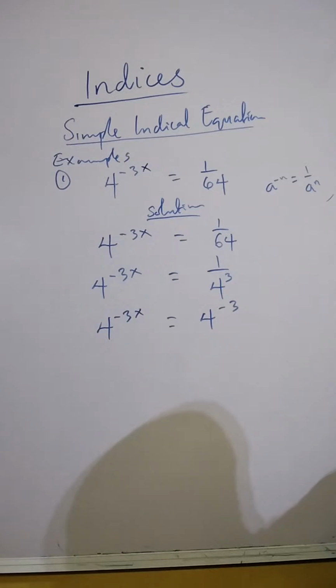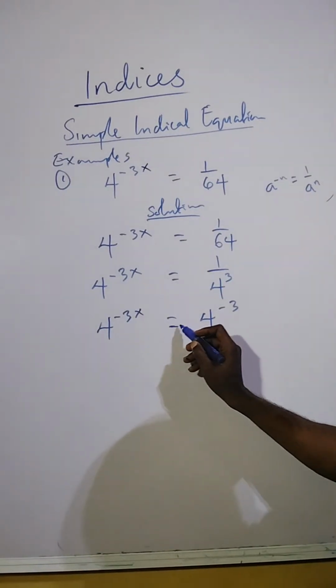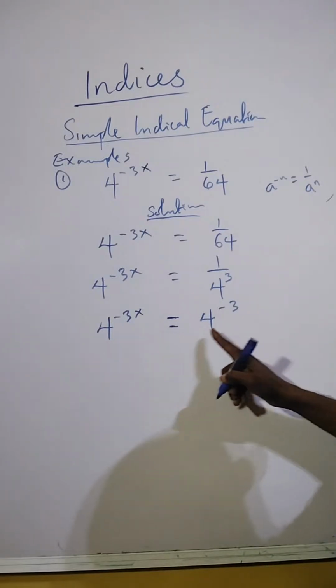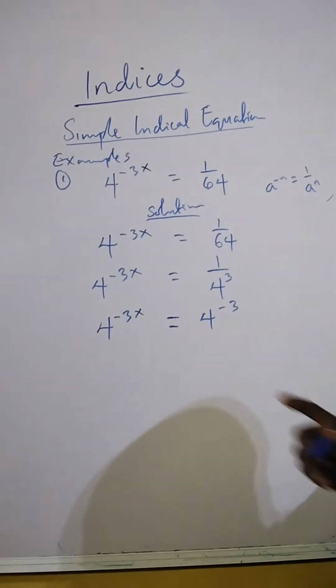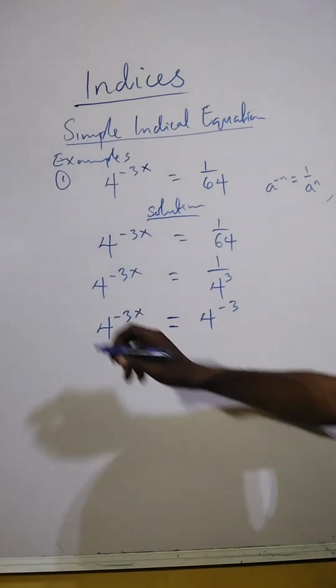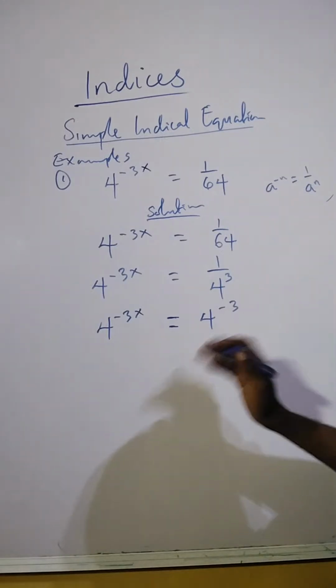Just apply that law. Now, when it is an equation like this, you have an equals sign, and the base on both sides is the same. What we need to do is to remove the base now. You don't necessarily need to cancel, you just know that the base is out.